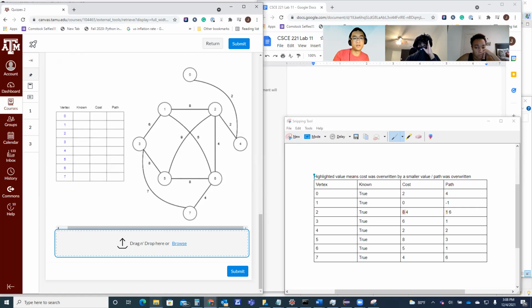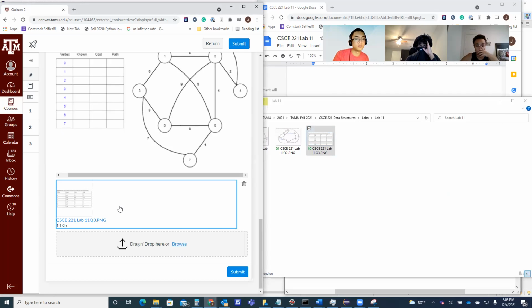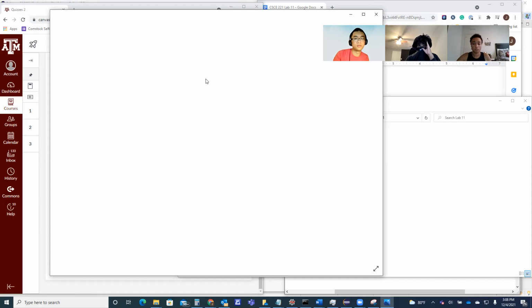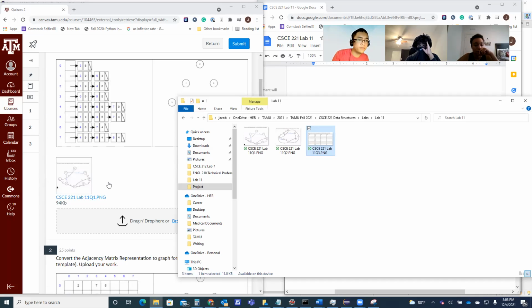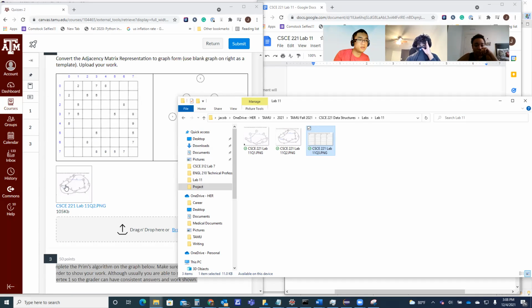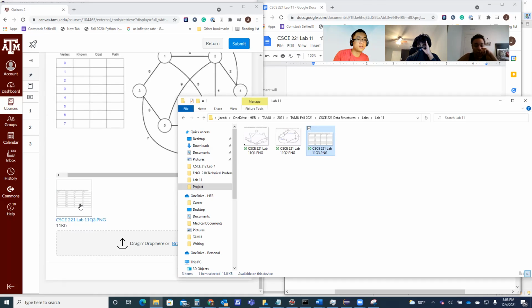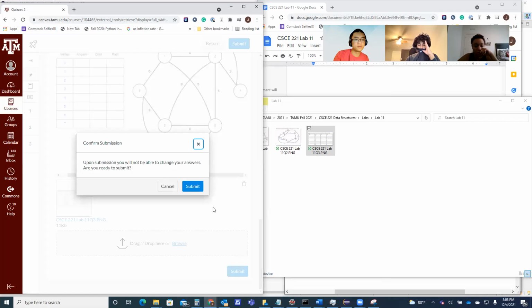And then go into 11, and drop it down here. And then check to make sure. Yep, 8 and 1 are both highlighted. And then we still have Q1, which had the 2 blues on 3. Then Q2 did not have the 2 blues on 3. Mhm. I think it was 1, but yeah, and then the table is question 3. I think we're all good to submit? Yep. Okay, I'll submit.